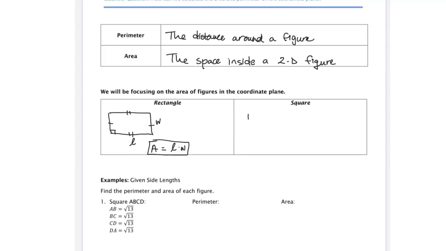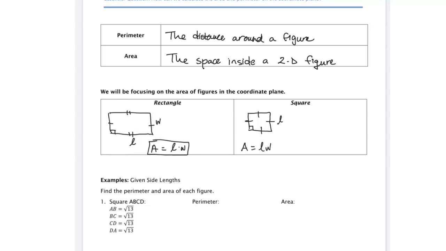As far as a square, drawing our square, things you should remember is that all four sides are equal and it contains a right angle. Actually, it contains four right angles. Same thing with the rectangle, four right angles. In order for us to figure out the area of our square, we have the formula A equals length times width.